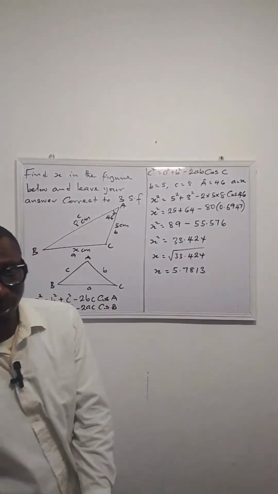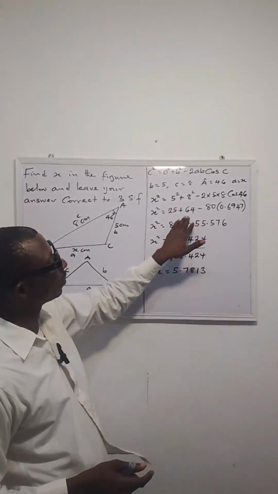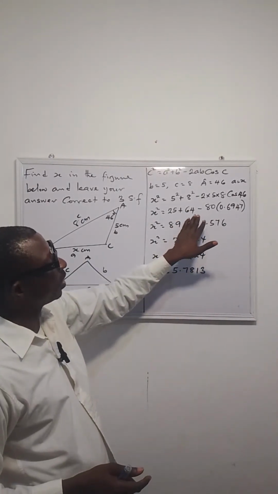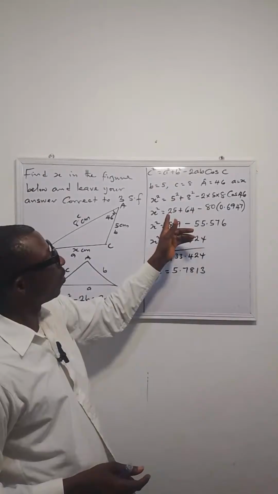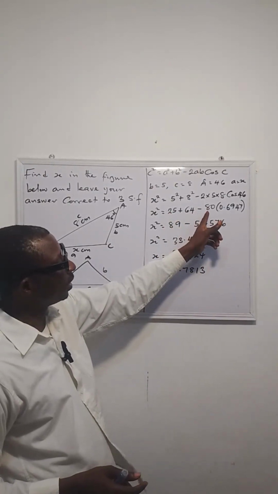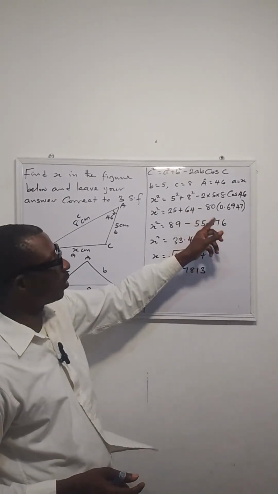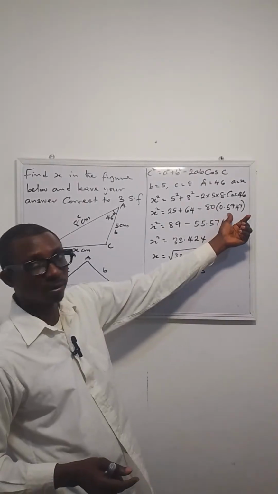Okay, so now let's look at it. I want to point our attention to something here. So everyone should look here. Students make mistakes a lot here. Once we get here, you cannot go ahead and subtract 80 from 64 because this 80 is joined to this.